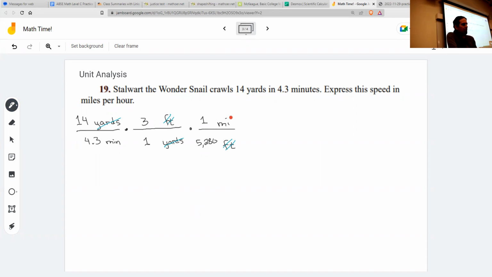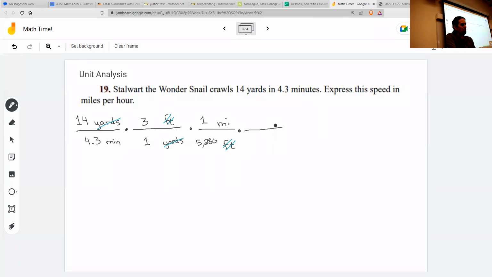Okay, we are halfway done. We wanted miles per hour, and now we have miles on top and minutes on bottom, and all the rest of the words are gone. So all we have to do is turn minutes into the hour that we want, and we'll be done. We have minutes on the bottom, so we need hours.